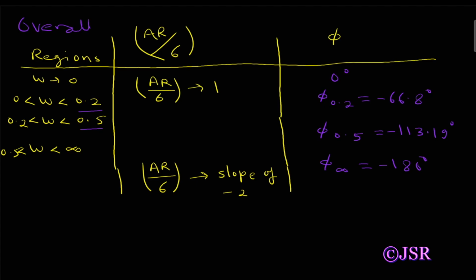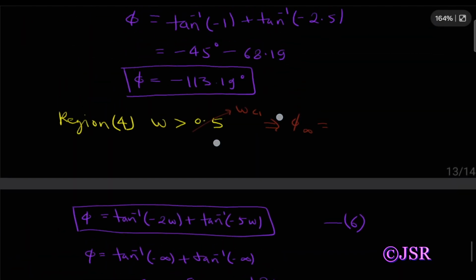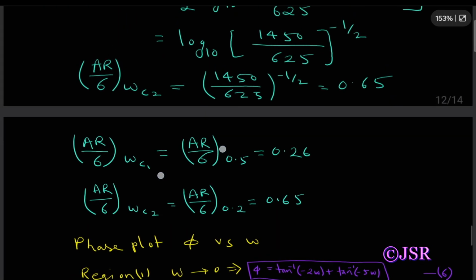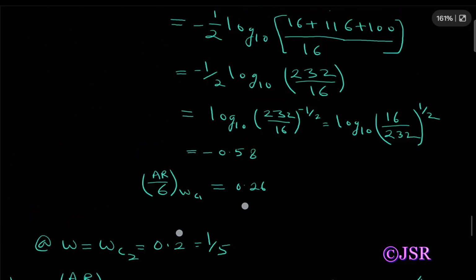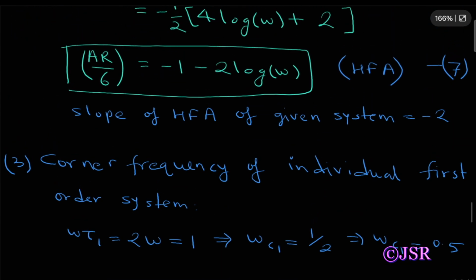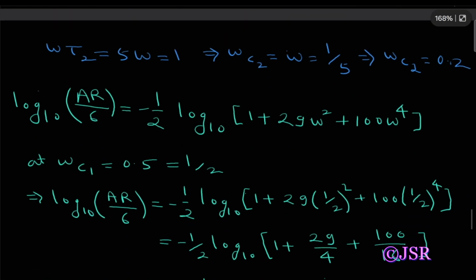The equation of the line is given by the high frequency asymptote, and that is equal to minus 1 minus 2 log omega.